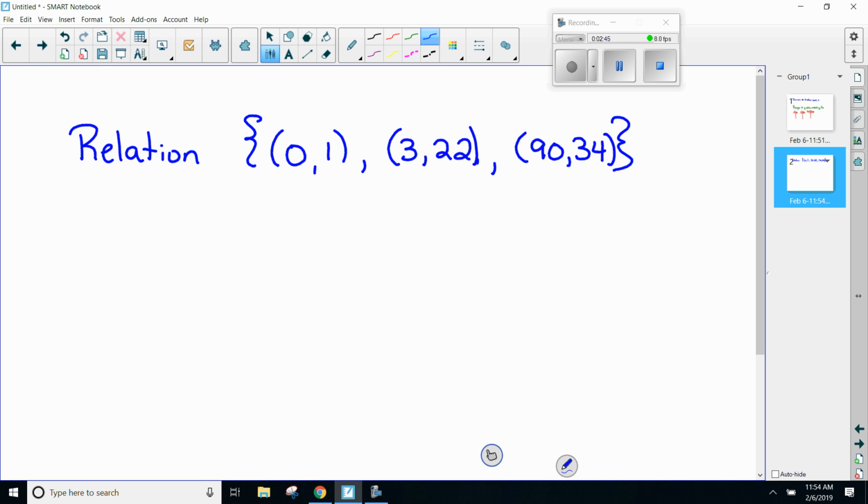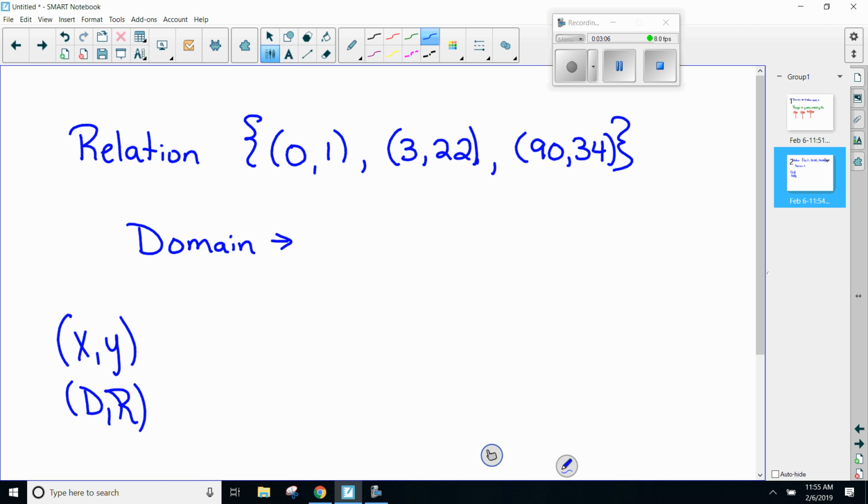If we were to look at that relation, it's as simple as this. What did we say domain was? X. Domain, think of this, if this helps. We talk about an XY coordinate point, right? Alphabetical order. Domain, range, alphabetical order.